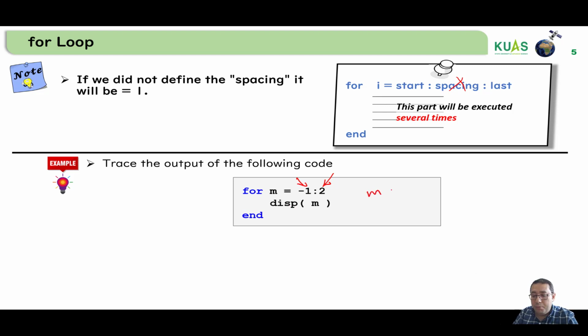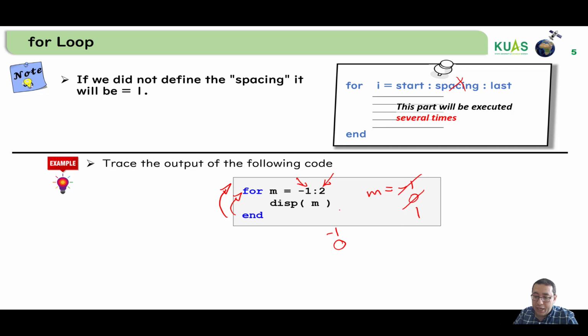The first value for m will be minus 1, and the default spacing will be 1. So display m, which is display minus 1. And then go to the first loop and increase by 1. So minus 1 plus 1, it will be 0. And then display m, it will be 0. And go to the second loop and then increase m by 1, it will be 1.